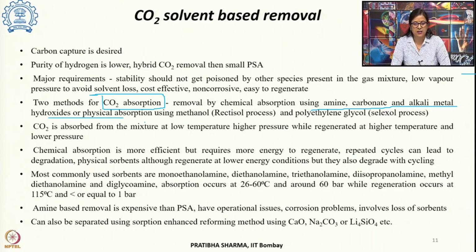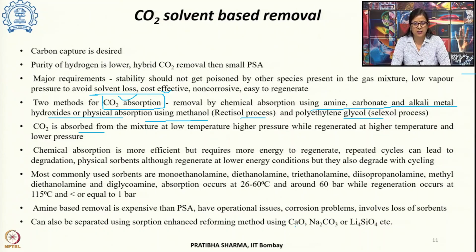Physical absorption by the Rectisol process, polyethylene glycol. These are the chemicals which can absorb the carbon dioxide, and you can get pure hydrogen. This is the absorption process.